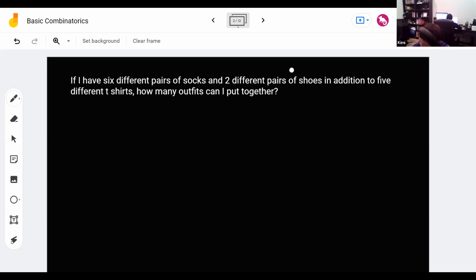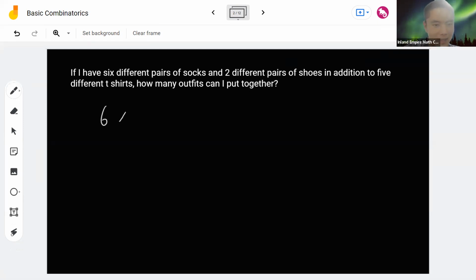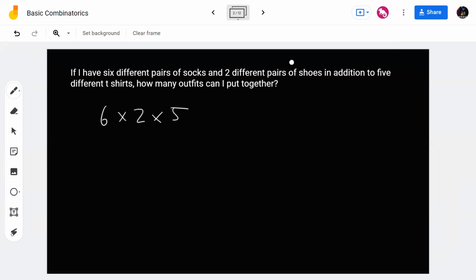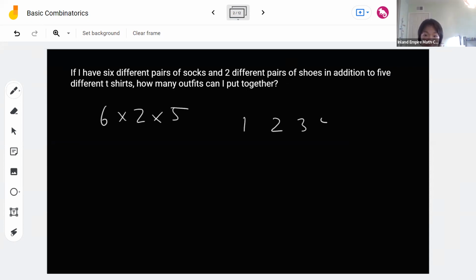All right. As before, let's draw the combination tree real quick just to see the logic behind it. I'll draw circles for socks. We have 6 different pairs, and I'll just number them for now: 1, 2, 3, 4, 5, 6, right? For each of those pairs of socks, we have 2 different pairs of shoes we can go with.